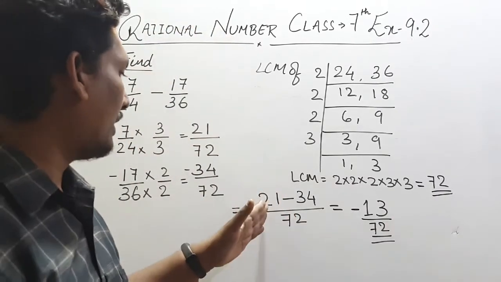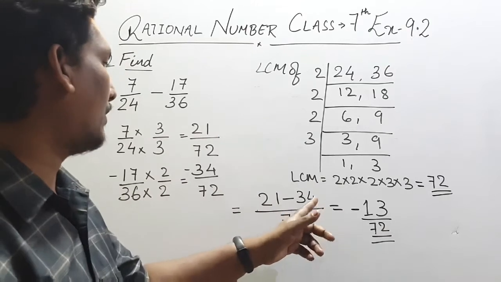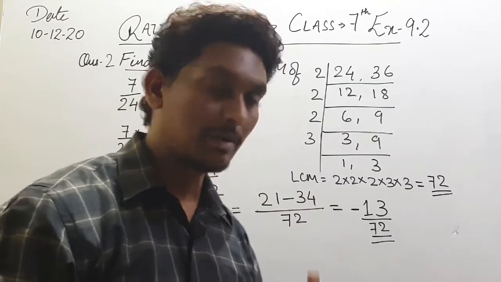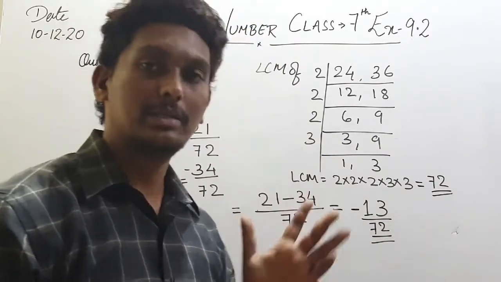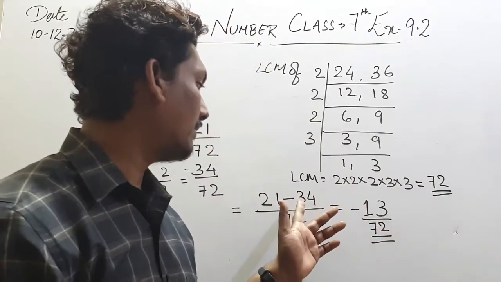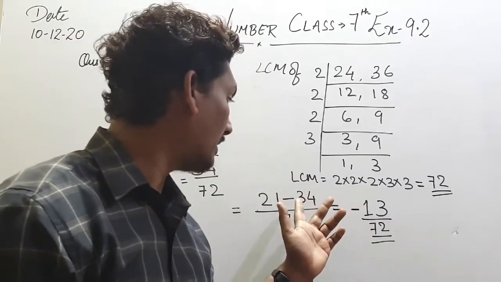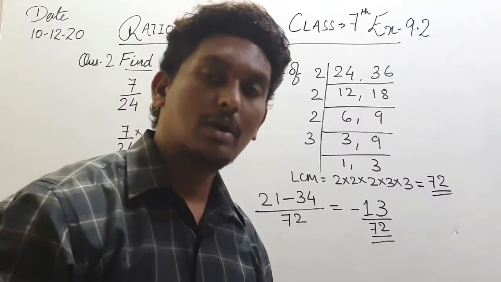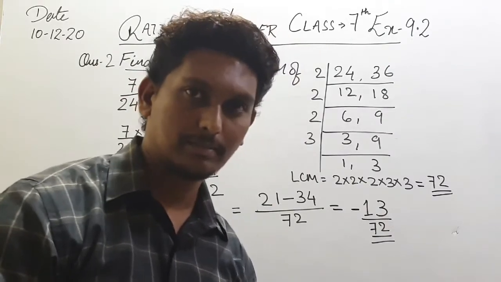So 21 minus 34. Here 34 is greater as compared to 21. So just subtract it, and if the greater number has a negative sign, then in the answer also you get the negative sign, right? Hope it's clear to you. Just go for it.